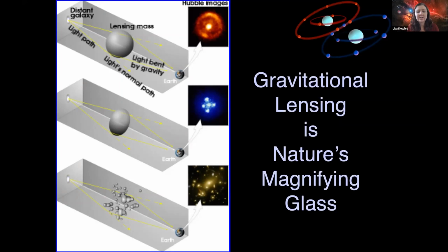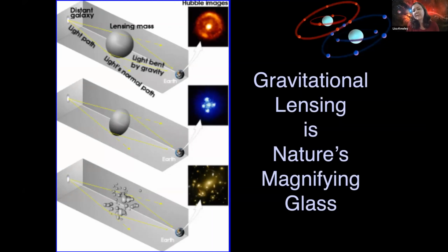So gravity attracts everything, including light, if the object's massive enough. So it doesn't happen on Earth. Earth's not big enough, but a whole cluster of galaxies and the dark matter that's in those galaxies is enough to bend the light. And when the light's bent around like this, it's actually the same as what's happening in a refracting telescope or through lenses, like in a magnifying glass or in glasses.